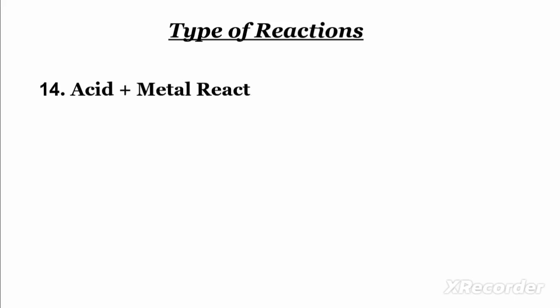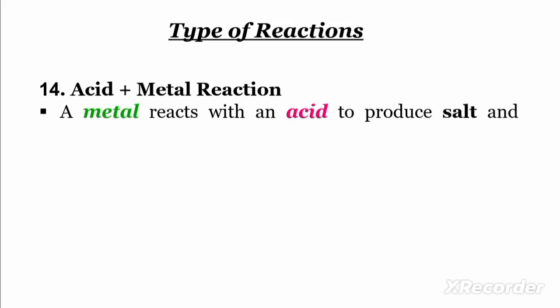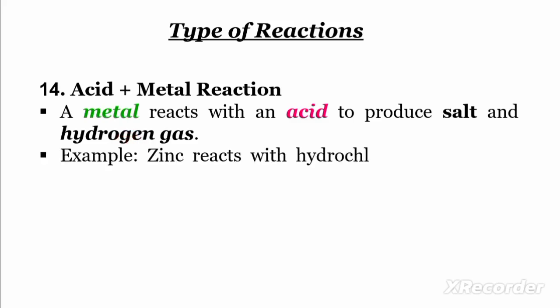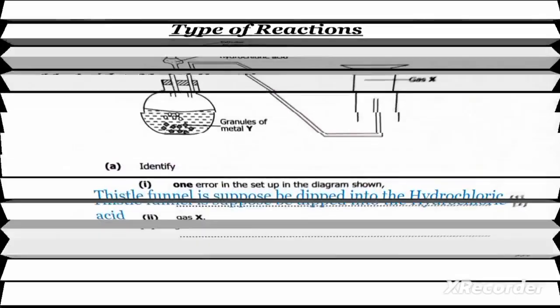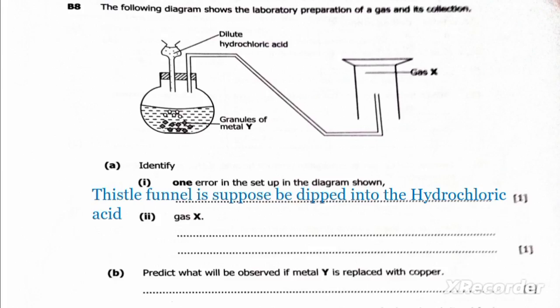Reaction number 14 that we looked at is the acid plus metal reaction. A metal reacts with acid to produce salt and hydrogen gas. So therefore, the gas that will be produced here is hydrogen.